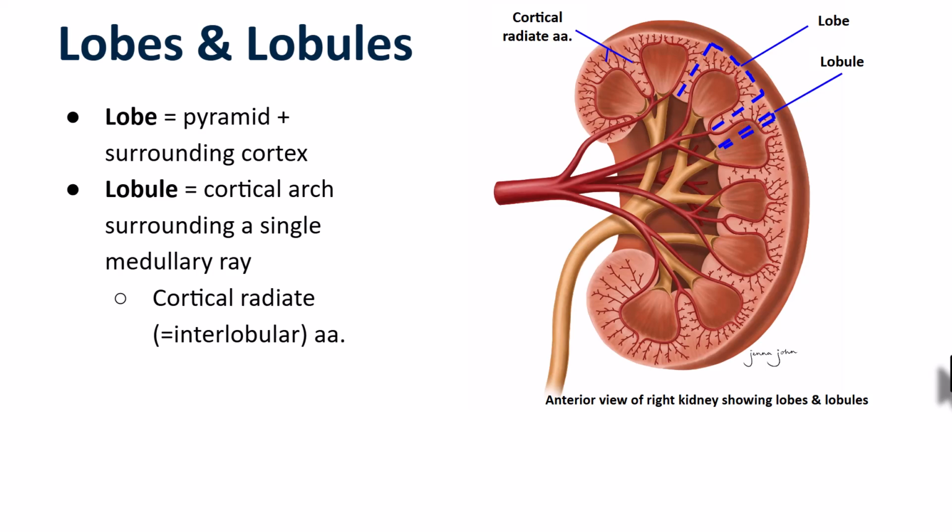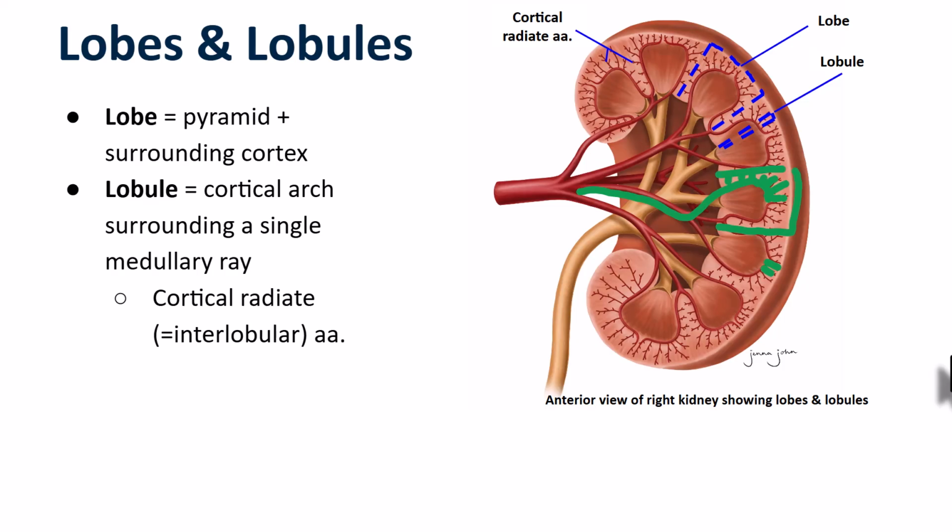I bring this up because you may notice the patterns of arterial branching here. So let's follow this segmental artery. It's going to branch into an interlobar artery, and then an arcuate artery, and then both of these will branch into cortical radiate arteries, like so. A lobe is going to take up half of that and then go all the way around, whereas a lobule will be between 2 of those cortical radiate arteries.